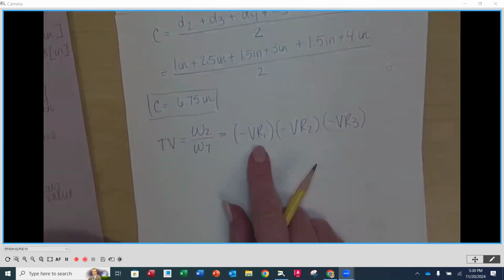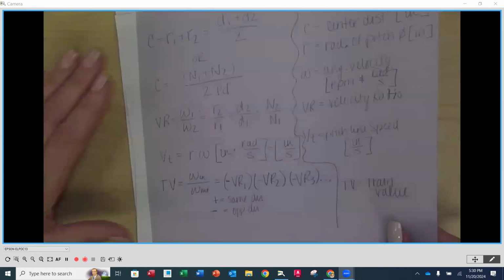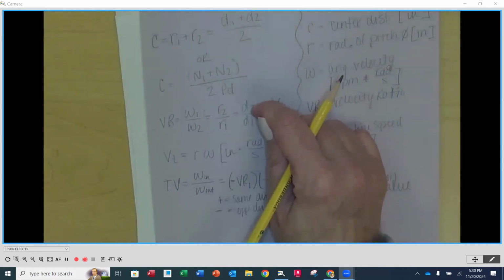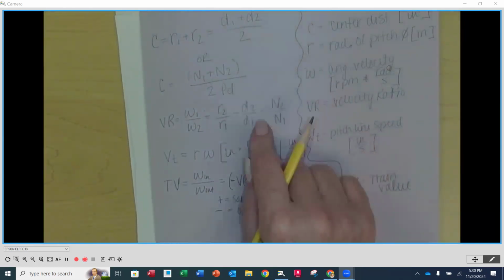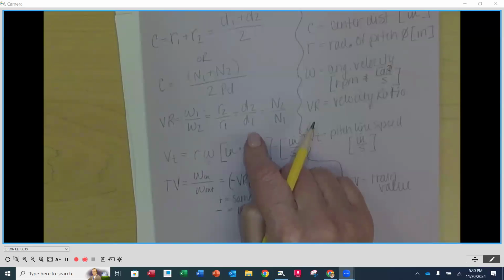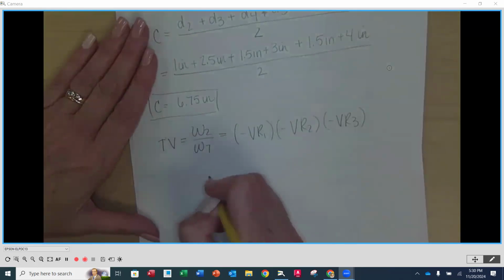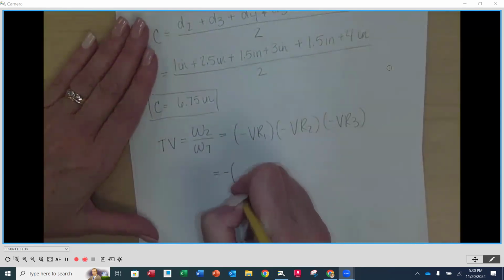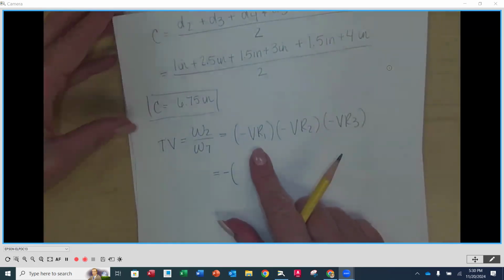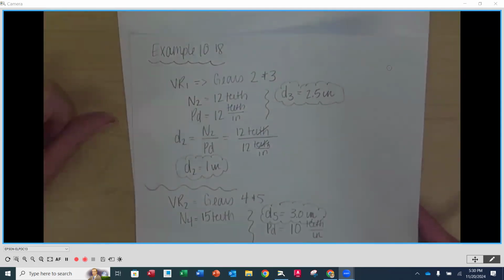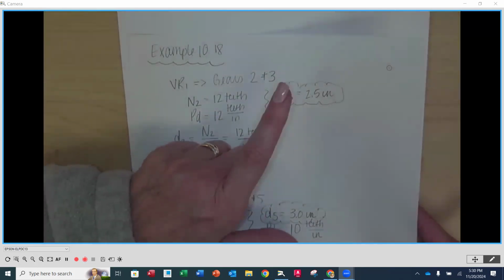So now to find the velocity ratio, as we had looked at before, we're going to use the gear pitch diameter divided by the pinion pitch diameter, okay? So what that means is, they're negative out front here. For velocity ratio number 1, that was gears 2 and 3. 2 is the smaller, the pinion, and the gear is the bigger one.